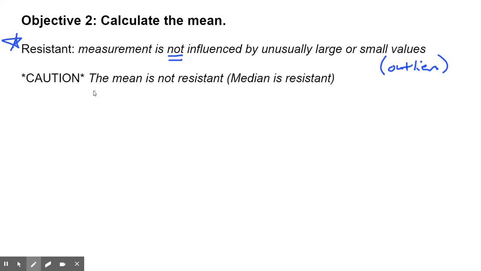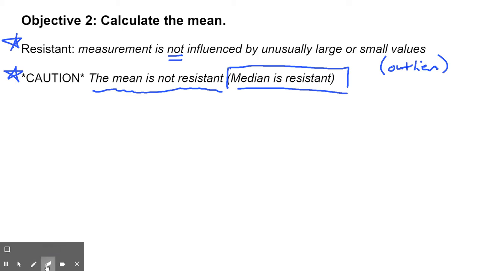So therefore, your mean is not resistant. Outliers affect the mean. This is why I said when I do my grades, sometimes I don't use the mean, because I don't want those high and low values to affect it. The median is resistant. By removing one value on the end of the data set, either high or low, it should not affect the middle value too much. Very, very important idea here about resistance.